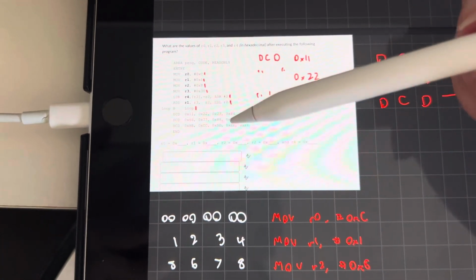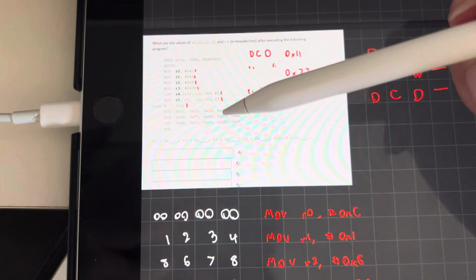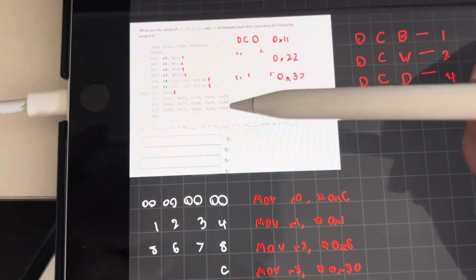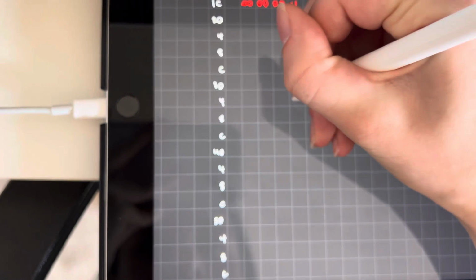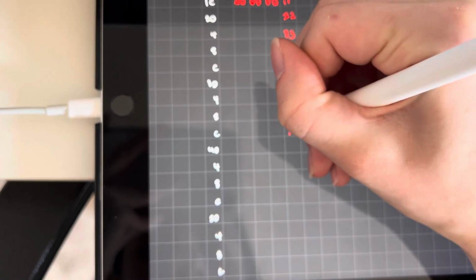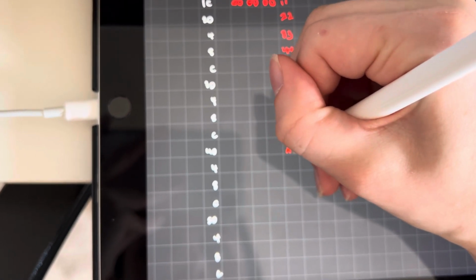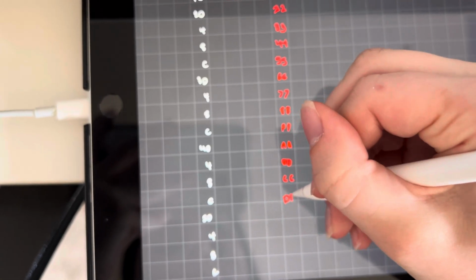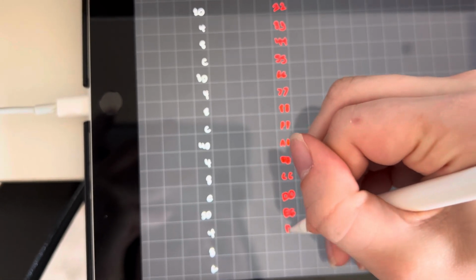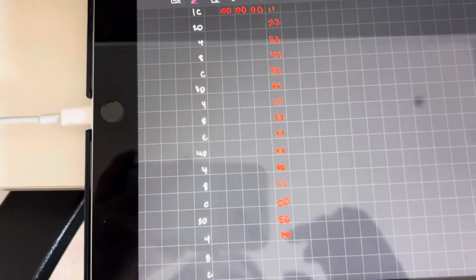They're all DCD and they all take up 4. So each of these different numbers is going to take up its own line, and it goes all the way up until FF. So let's go 5, 6, 7, 8, 9, A, B, C, D, E, F. Got it?